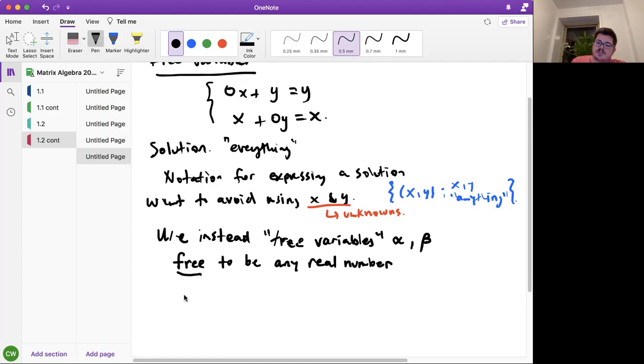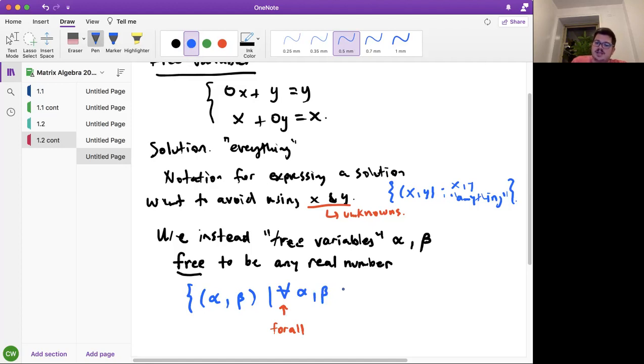So how would we express the solution in a nice way? One way I would express it would be for any numbers alpha and beta, and then we're going to use this notation, an upside down A. This means for all. For all what? For all alpha, beta. These can be any number.